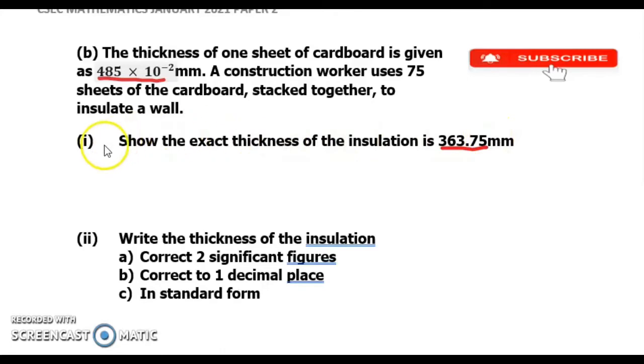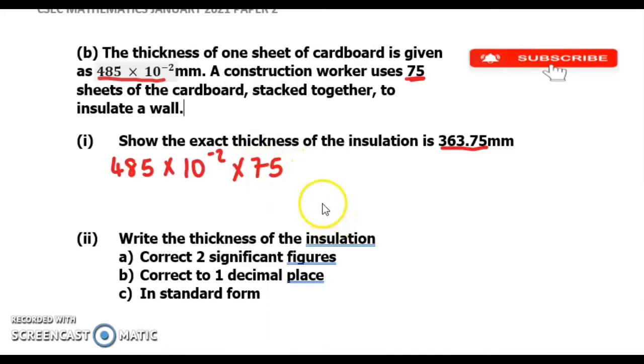What we can do here, we know that it would be 485 times 10 to the negative 2, times the amount of sheets, which is 75.